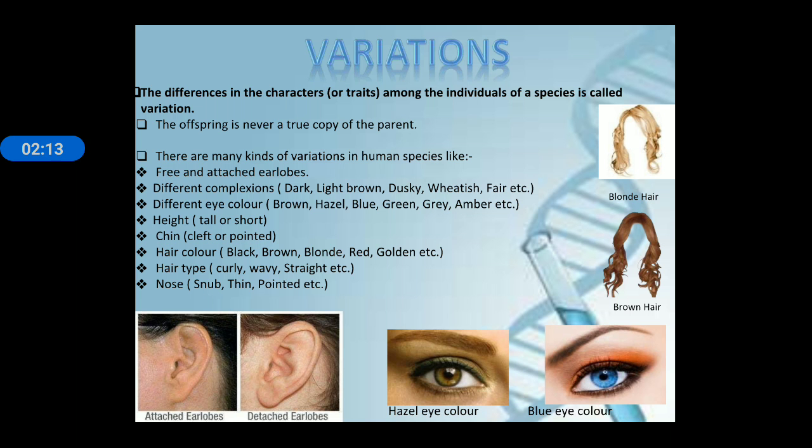Some are dark color, some are light brown, some are dusky, whitish fair color, and different eye colors are also present in human beings. For example, brown, blue, green, umber color. And height also differs from person to person, tall or short. So these are some characters by which we can define the term variation.